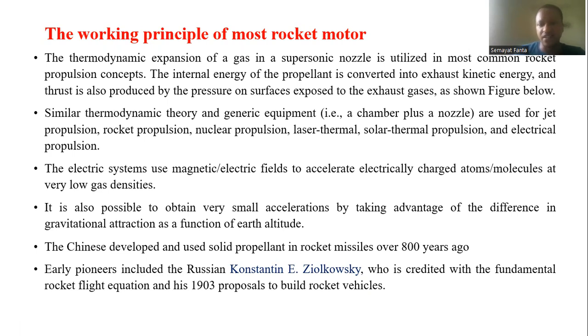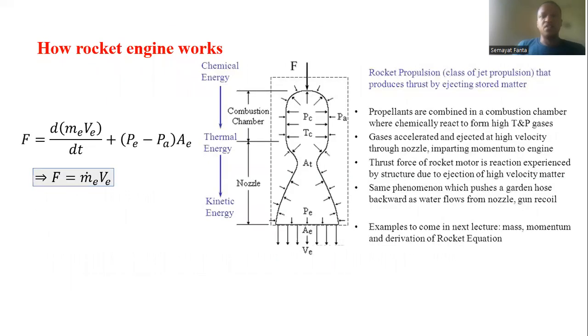So please note down that formula and the derivation method, and if you face any challenge when you are taking the notes, please tell me. That is the formula which we use for the next rocket equation. So this is the working principle of rockets.